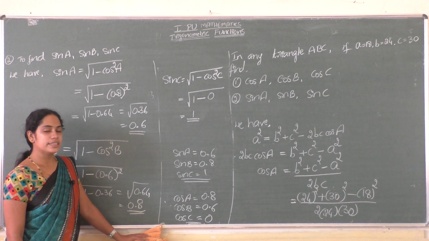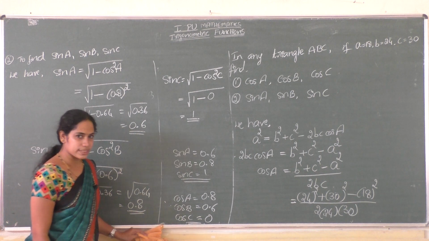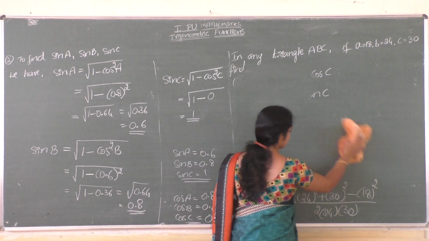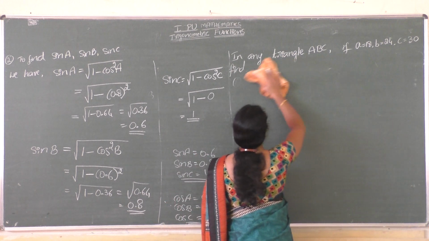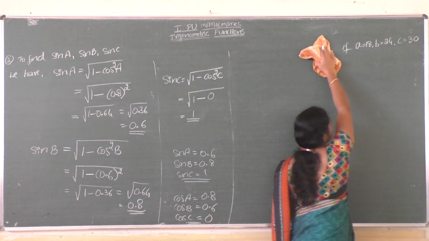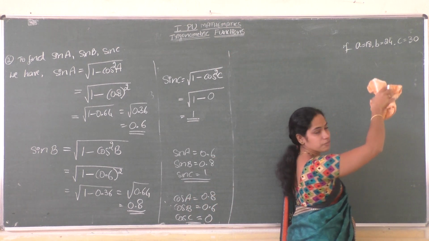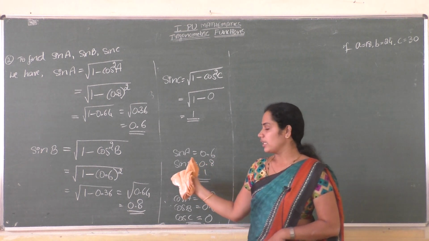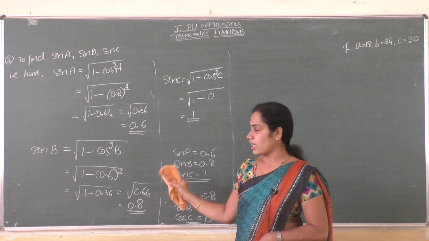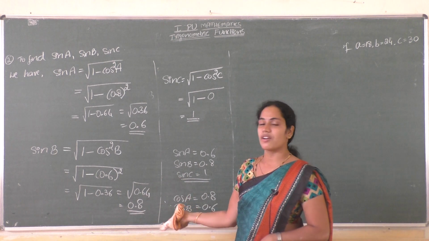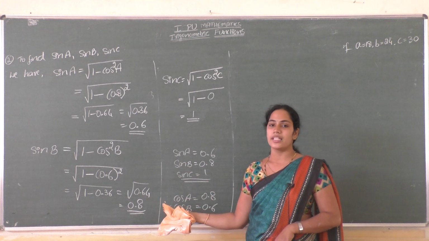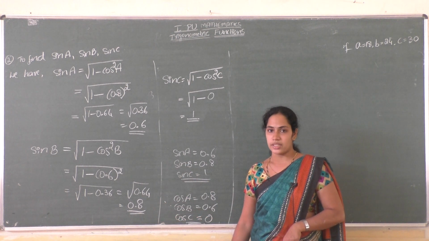Okay, this is the application of sine and cosine formulas. If we know the sides, we can find the sine and cos of the angles using the sine rule and cosine rule.